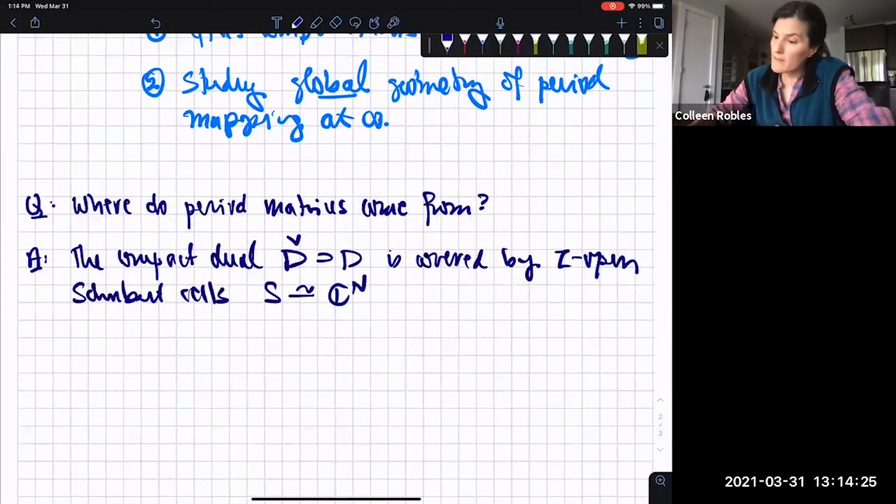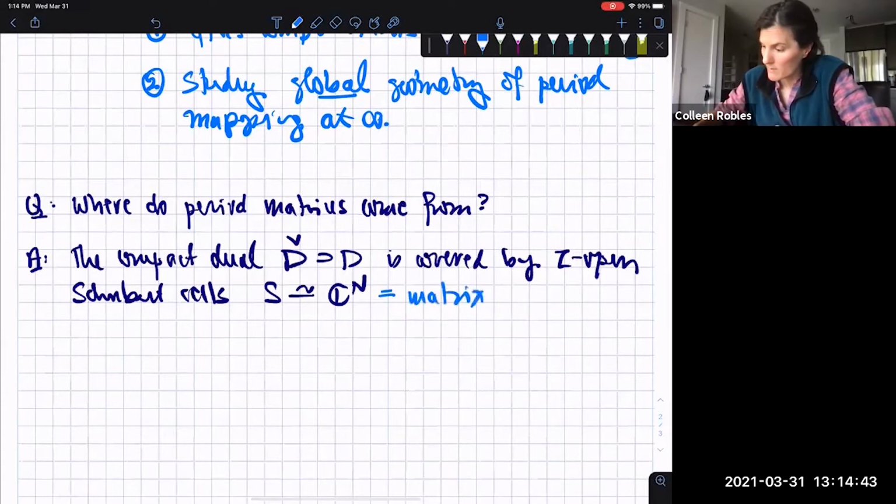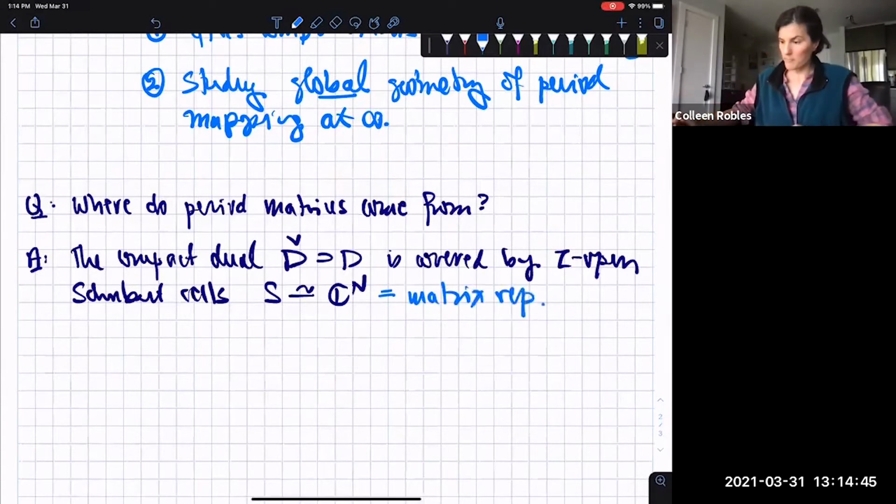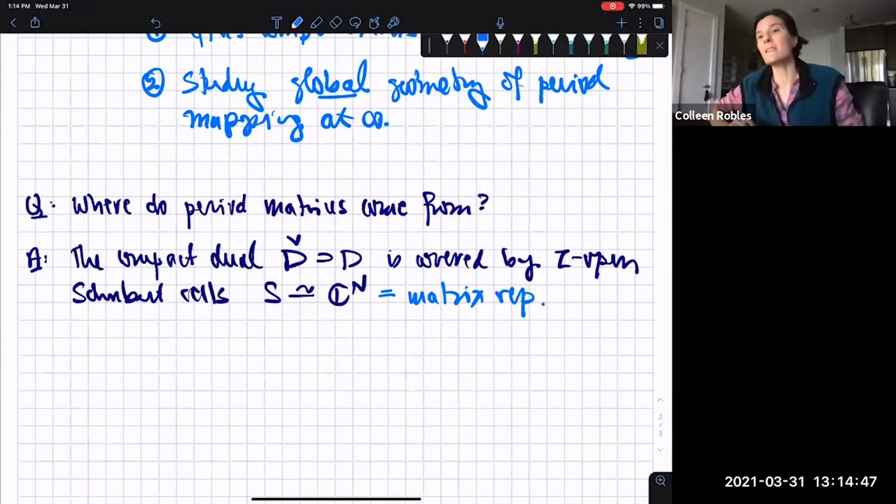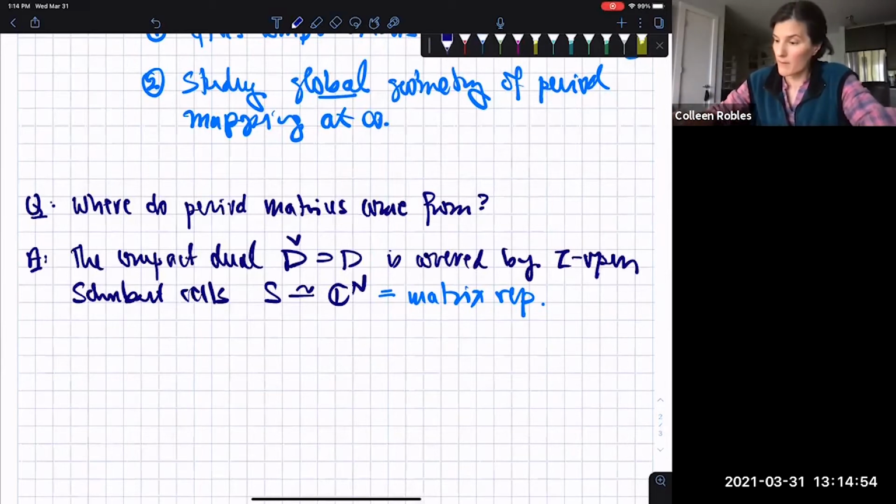Okay, and so what's going on here is that S is actually a coordinate chart, and this identification is just the coordinate map. Okay. But this map is giving us the matrix representation. And in the Hermitian case, the domain is contained in a single coordinate chart in the compact dual, but that's false in general, as I discussed a moment ago.